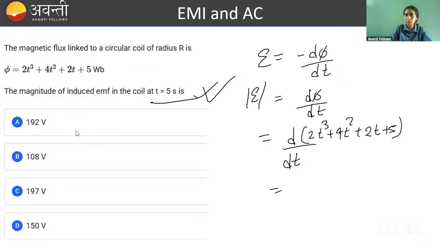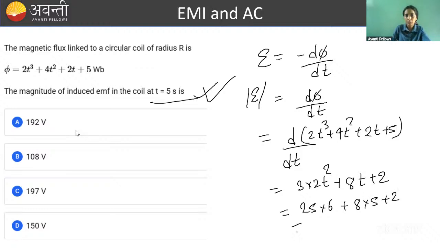So this will become how much? 2t cube, 3 into 2t square plus this is how much? 8t plus 2. I hope you know how to do differentiation. Put the value of t equal to 5. So this will become 25 into 6 plus 8 into 5 plus 2. So this is 150 plus 40 plus 2. So this is equal to how much? 192. So correct answer is 8.